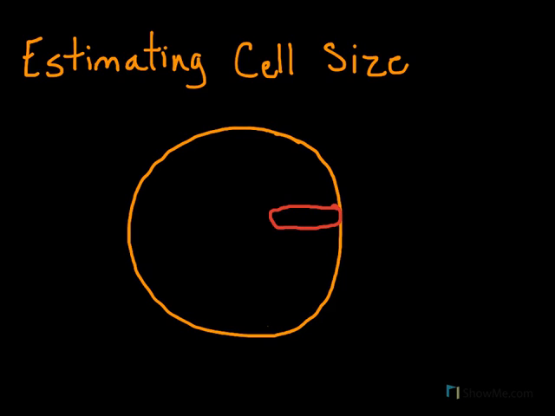The first thing we have to do is estimate how many of these cells would fit across the diameter. We can draw in what they would look like. I think these are about the same size, so you can see that 3 cells would fit across this diameter.